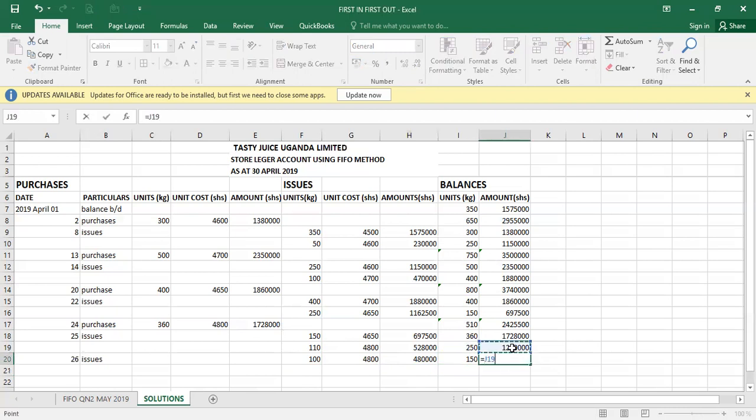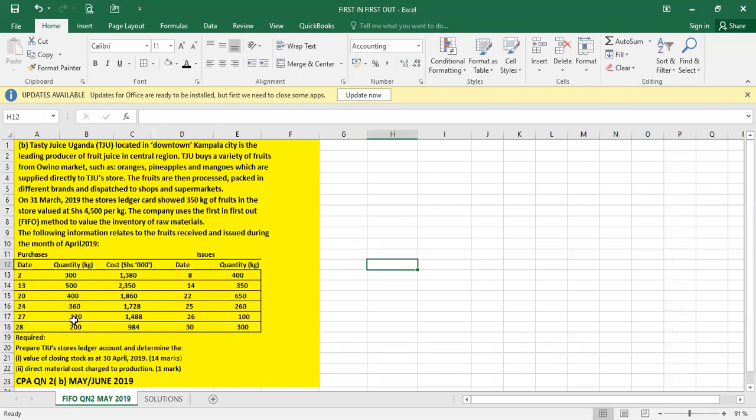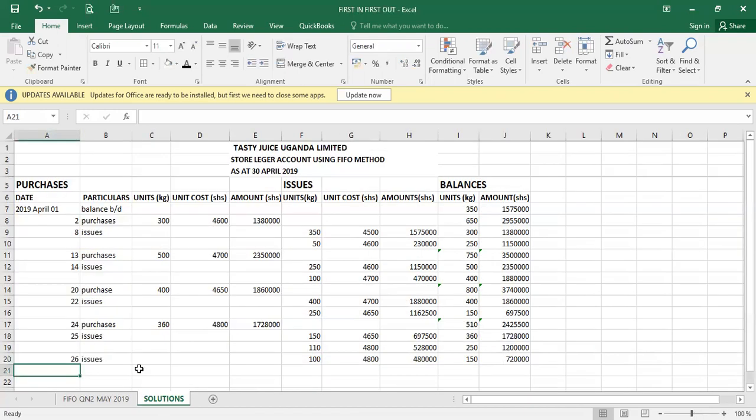Cost this minus this. So we've remained with that. Then we'll go on to the next date. The next date is 27th. We bought 320 units at 1,488,000.